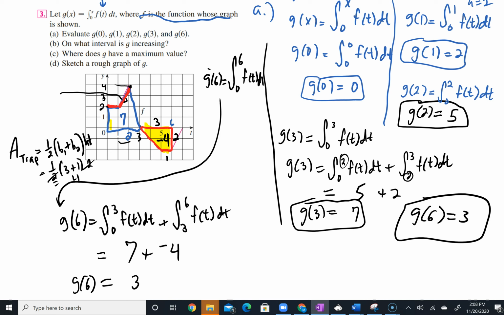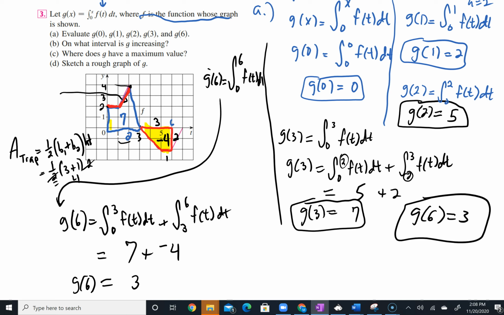But let's move on to part B: on what interval is G increasing, and then where does G have a maximum value? They're going to imply perhaps just in general that it's a local max. If we can definitely say it's an absolute, we can talk about it.